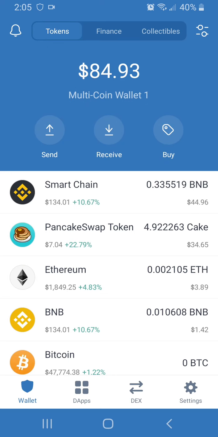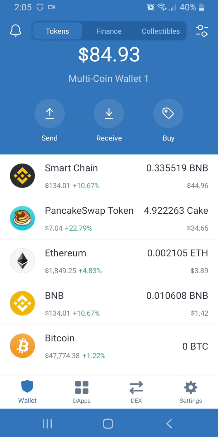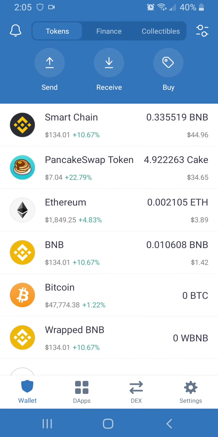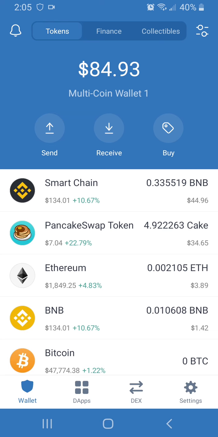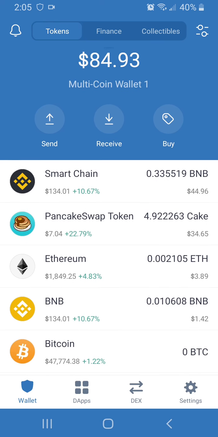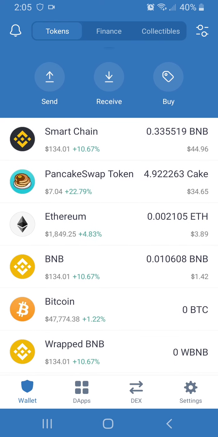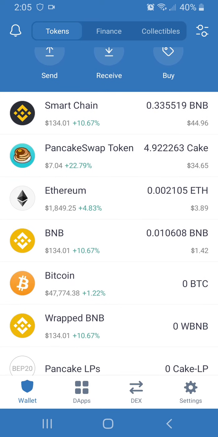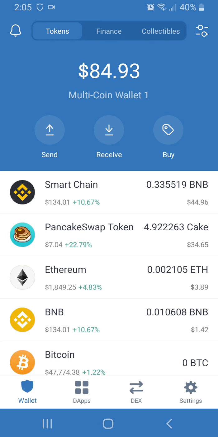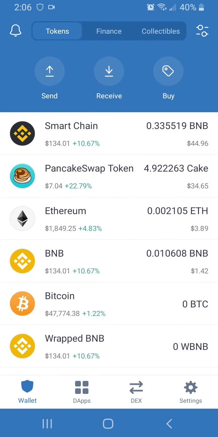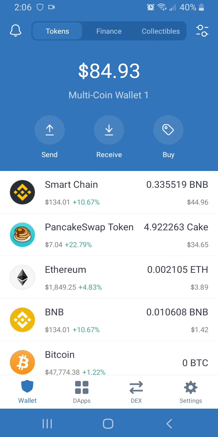Most of the time, I'll see the cake and the smart chain pull out at different times. So the time that it takes to refresh to the app, you'll see half the money go, like that first 133, and then the other 133, unless they change much in value while you've been trying to transact. So let's see.